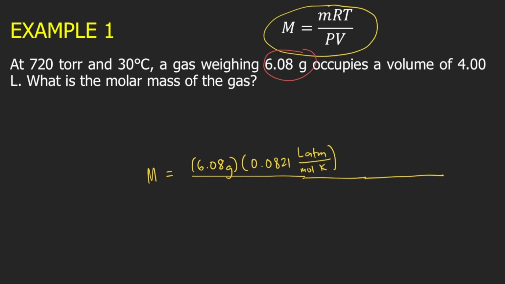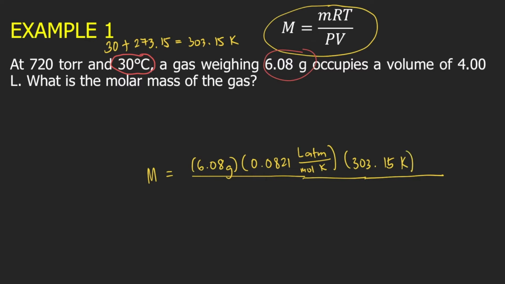The given in the problem is 30 degrees Celsius, so we need to convert this first into Kelvin. Remember that when you convert degrees Celsius to Kelvin, you simply add 273.15. So 30 plus 273.15 is equal to 303.15, and the unit will be Kelvin. So this becomes our temperature.